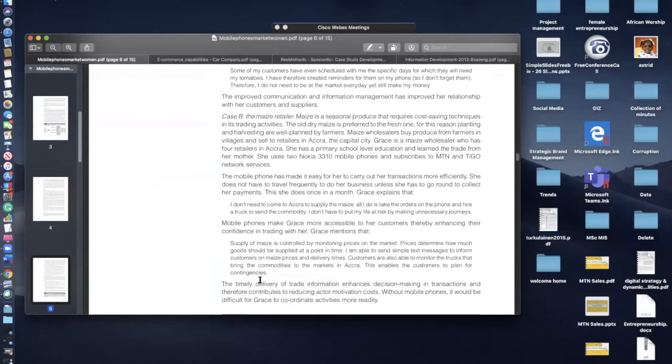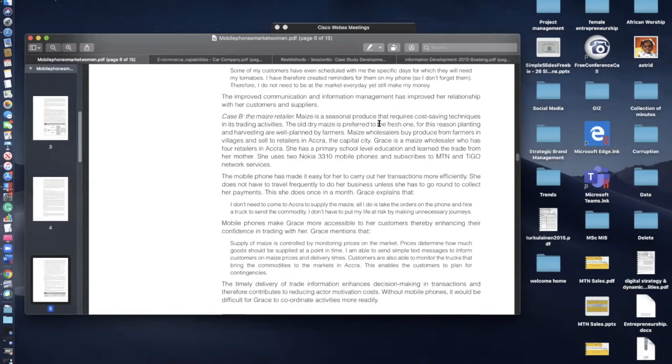But it could be not rival, but more corroborating or complementary explanations instead, in this particular case. In this particular case, you have more complementary ones. Okay, so look at the maize retailer.